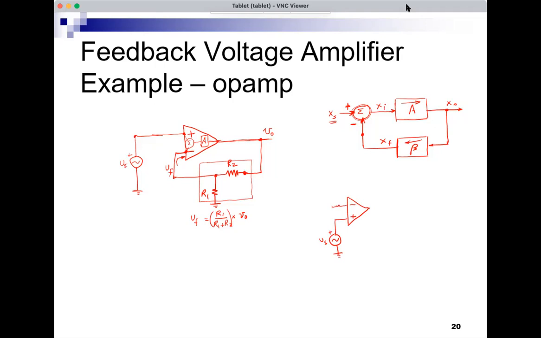And there is R1 to ground. So that's R1 to ground. And there is R2 between VF and VO. And that's VO. This becomes exactly this by just redrawing the circuit. We're making the minus here and the plus here. And if I do that, you will notice that this is the non-inverting op amp amplifier configuration.